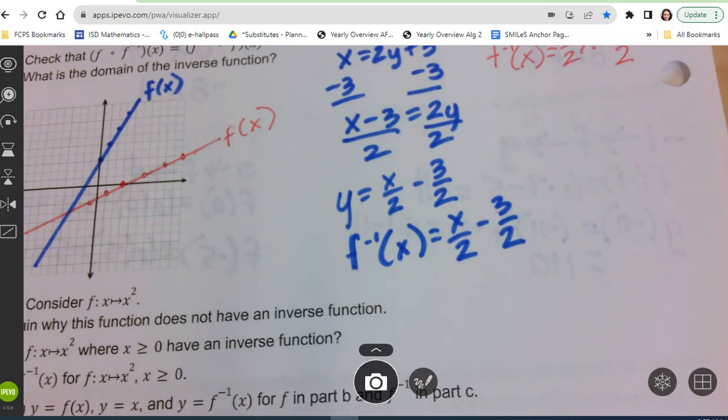We take an x, right? We put it into a function. We take that answer, we put it into the inverse of the function. What's the purpose of the inverse? What does the inverse do? Switch x and y. It does, but go to the very top of the page. What does it say the inverse does? Very, very top of the page, right under inverse functions.